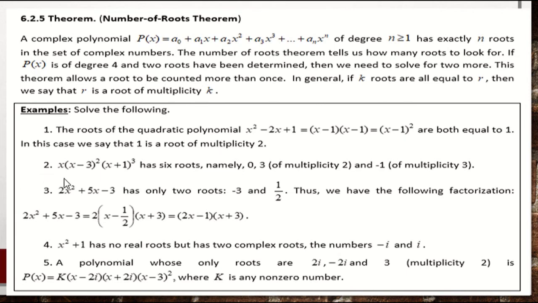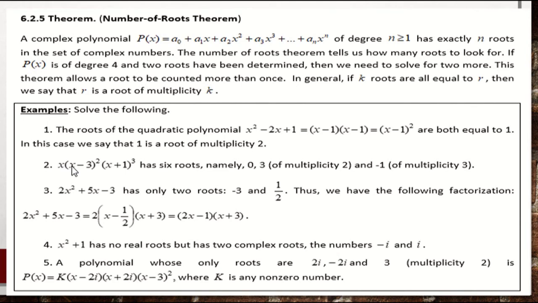Number 2, x times x minus 3 quantity squared times x plus 1 quantity cube has 6 roots. Anong 6 roots man? Unsa man nga mga roots? Okay, we have first 0. Anong 0 man? Kay kung 0 si x, ma-0 man ni sila, diba? So, 0. Then, we have 3.